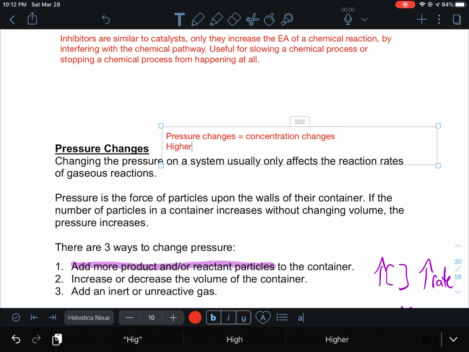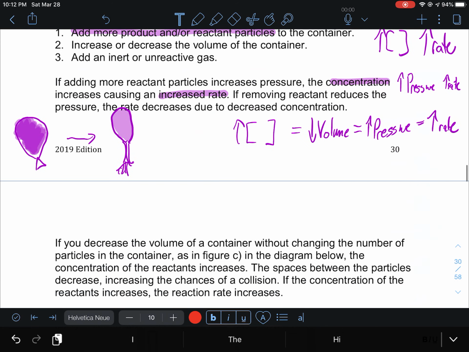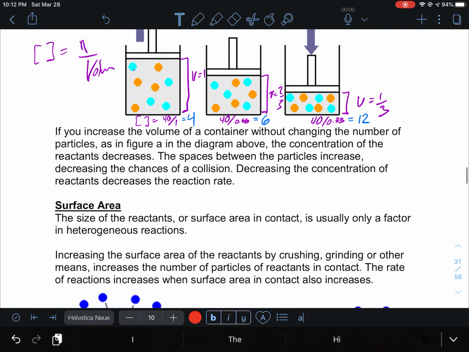So higher pressure equals higher rates of correct orientation collisions. All right, so hopefully those are all very obvious to us.